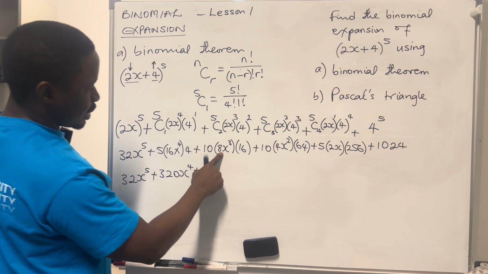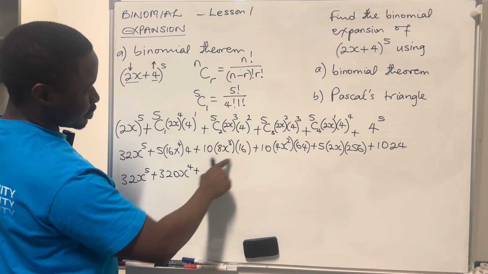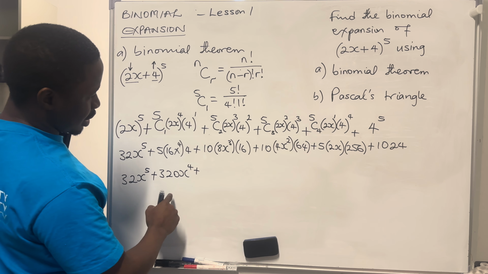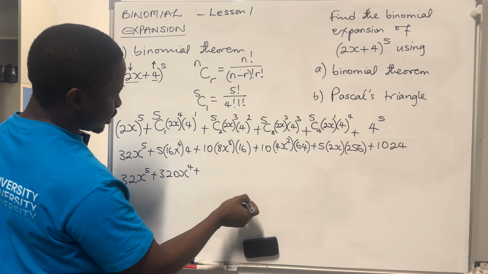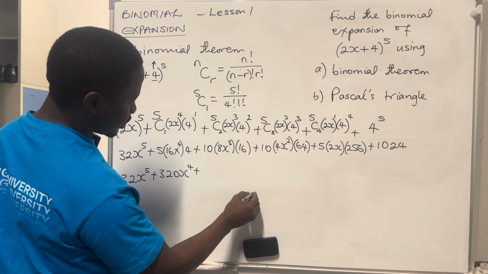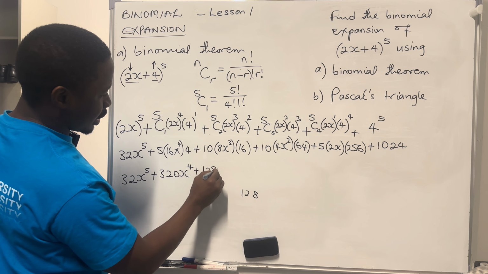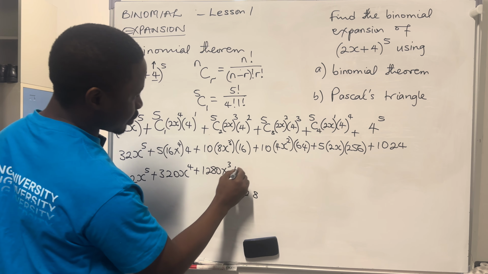Then 8 times 16, what do we get? 128. So 1280 x cubed.